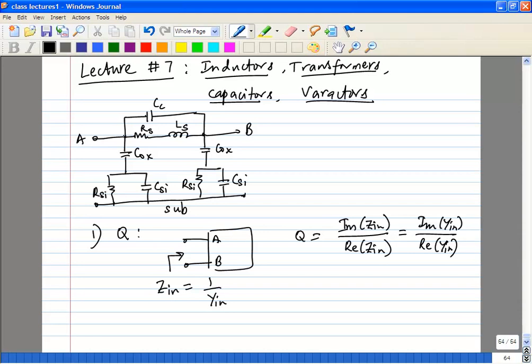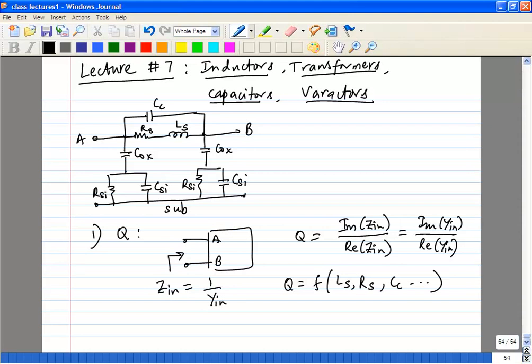All of these are equal. You can use either one of these. Obviously, when you have such a complex model, your Q is going to be a function of a bunch of things: your LS, RS, your CC, and all these parameters, because it depends on both the real and imaginary parts.